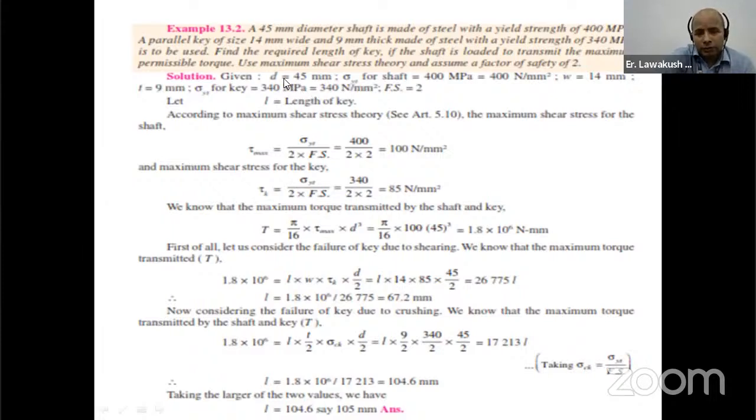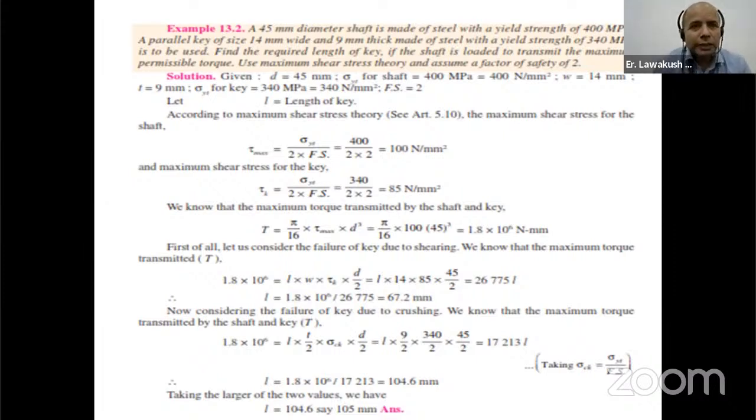Now we will convert megapascal into Newton per millimeter square, and we also have Fs, the factor of safety, equal to 2.